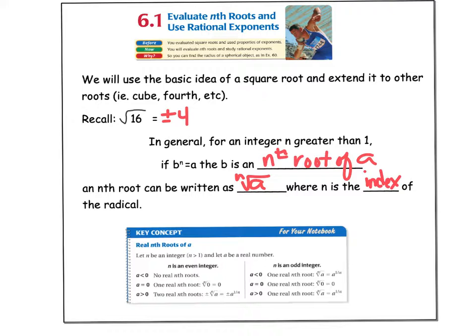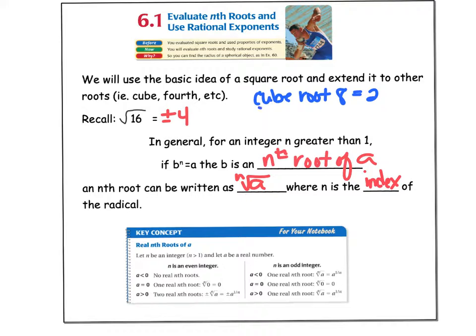So let's look more at what we're talking about here. We have the square root of 16 was plus or minus 4. And so if I asked you what the cube root of 8 was, what I'm really asking is what number times itself 3 times gets you 8. And so the cube root of 8 would be 2.